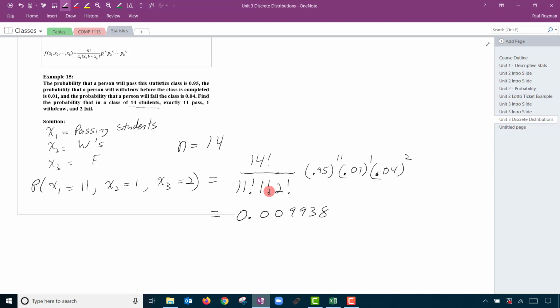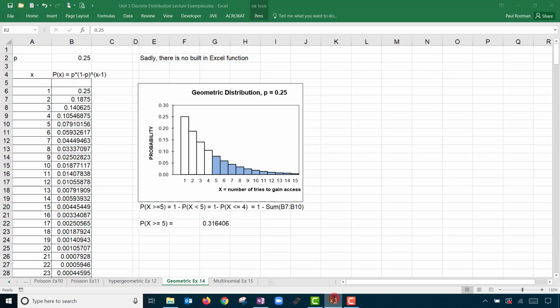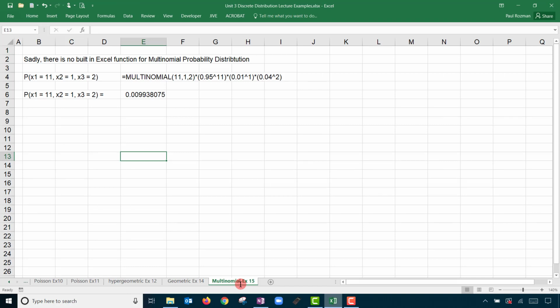Excel doesn't have this multinomial probability function either. It does have a function called MULTINOMIAL, which will figure out the number of permutations. So MULTINOMIAL is your Mississippi rule, where you just input the number of unique items in each subgroup.